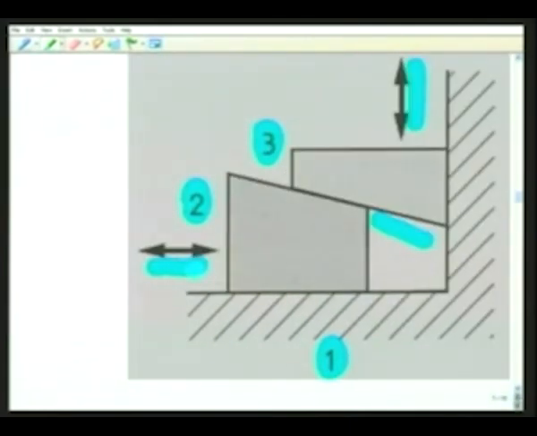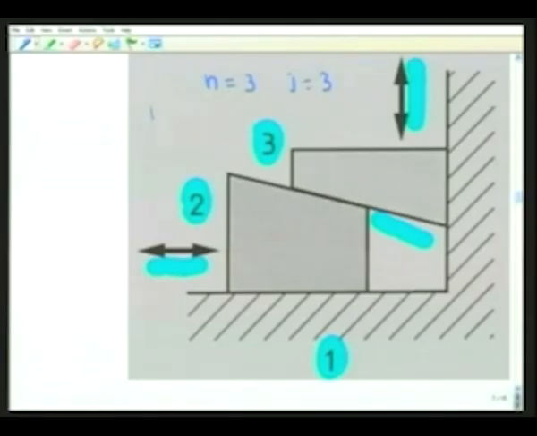As we can see, link 2 can be moved in the horizontal direction to produce a unique vertical movement for link 3. Thus, for this particular closed loop mechanism, N is 3, J is also 3.